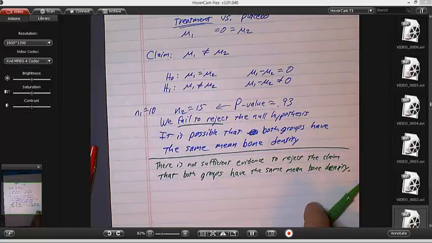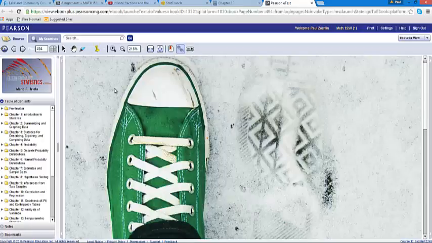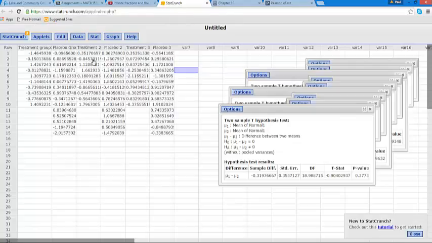And so one of the things that the project gets into is, well, how often do you reject for the bone density groups? What I did after doing that experiment is I did it again, and I want to show you what StatCrunch looks like now. You'll notice I have another treatment group and another placebo group, and a third treatment group and a third placebo group.